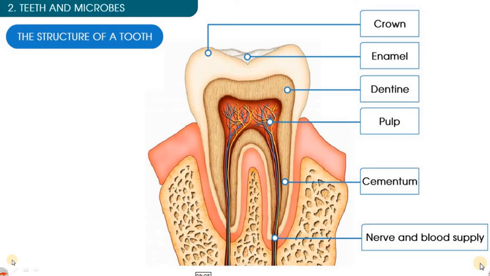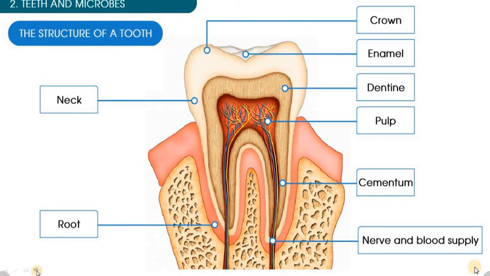As you can see in front of you, teeth and how they look. You can see that the tooth is divided into two main parts. The first one is called the neck, and the second one is called the root.